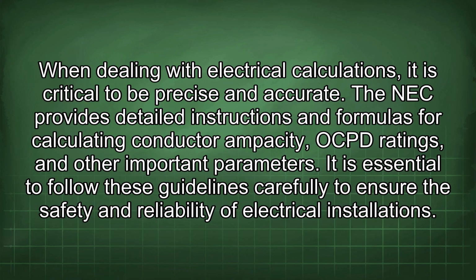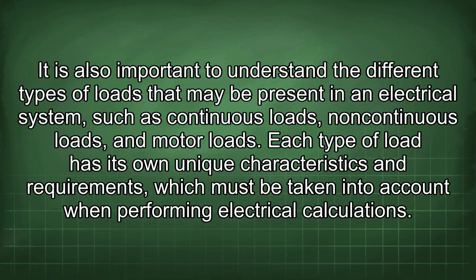When dealing with electrical calculations, it is critical to be precise and accurate. The NEC provides detailed instructions and formulas for calculating conductor ampacity, OCPD ratings, and other important parameters. It is essential to follow these guidelines carefully to ensure the safety and reliability of electrical installations. It is also important to understand the different types of loads that may be present in an electrical system, such as continuous loads, non-continuous loads, and motor loads.